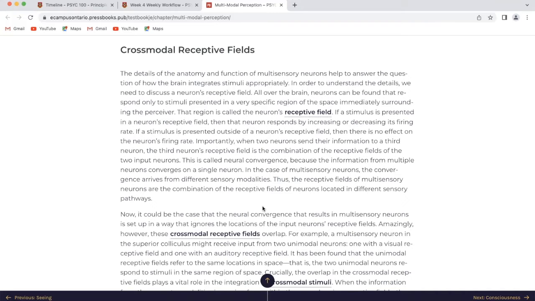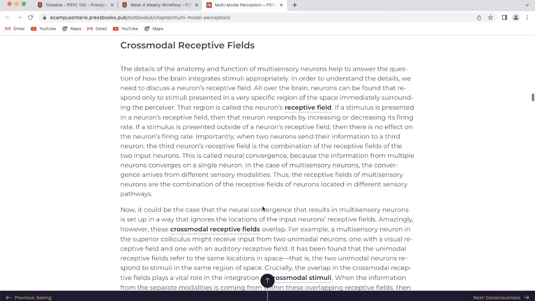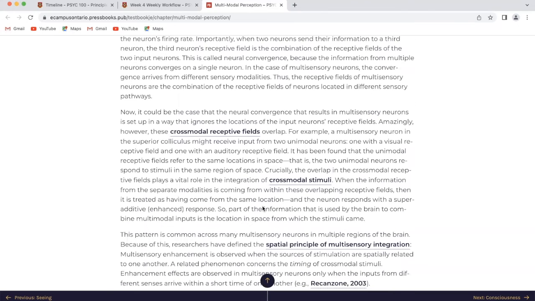In the case of multisensory neurons, the convergence arrives from different sensory modalities. Thus, the receptive fields of multisensory neurons are the combination of the receptive fields of neurons located in different sensory pathways. Now, it could be the case that the neural convergence that results in multisensory neurons is set up in a way that ignores the location of the input neurons' receptive fields.